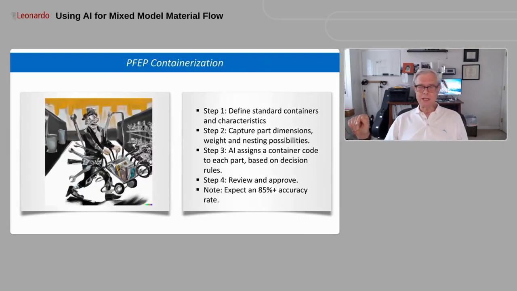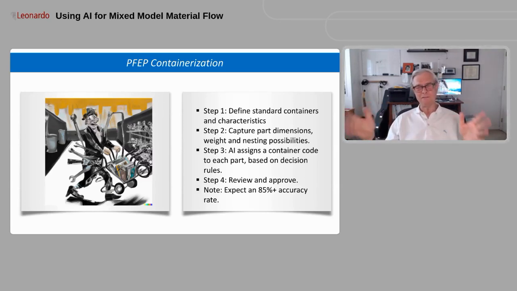Okay, containerization. We can use AI to help us determine the proper container size for each part. Again, I've seen companies, I'm not going to mention names, that have containerization apps that they've developed with Excel macros. But the basic idea is if you've standardized your bins, like say you're allowed, this is a management decision, right?